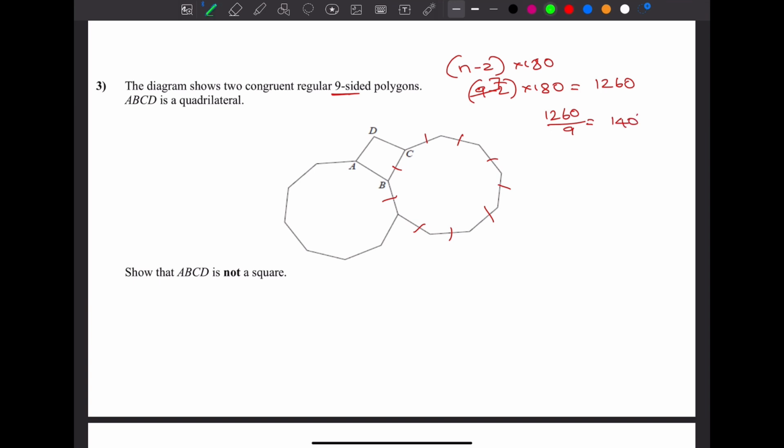So this angle is 140, and this is also a 9-sided shape, so it's 140 as well. Around a point, the total angle is 360. Take away 140, take away the 140. That should give you 80. So this angle is 80, but a square has each angle 90 degrees, not 80. So it's not a square. Okay, simple.